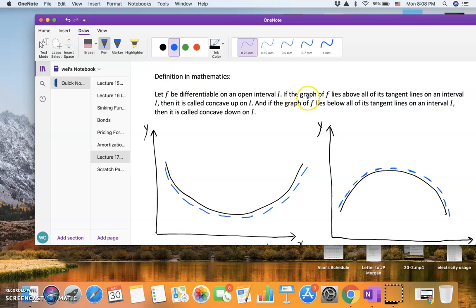If the graph of the function lies above all of its tangent lines on this open interval, then we say the function f is concave up on I. And if the graph of f lies below all of its tangent lines on the interval I, then we say the function is concave down on this interval.